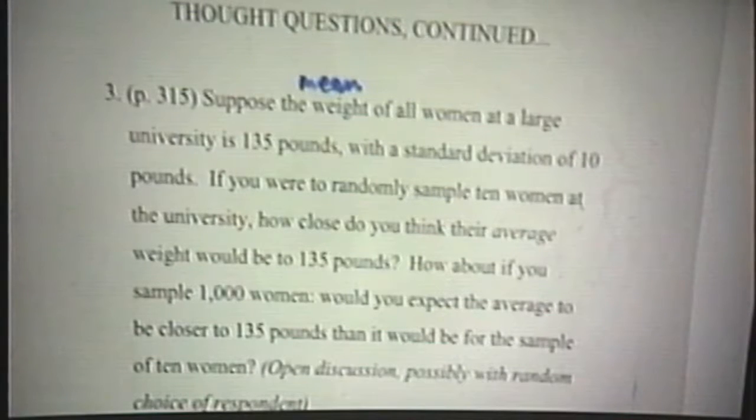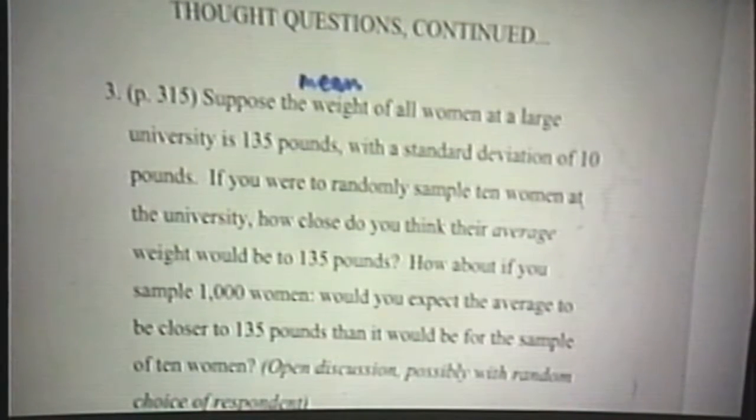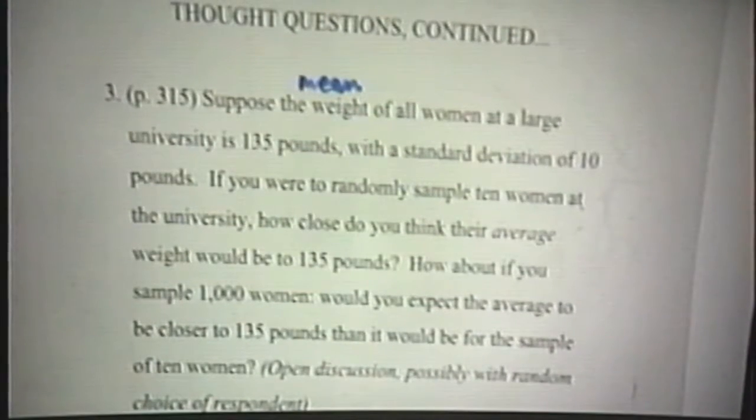If you were to randomly sample 10 women at the university, how close do you think their average weight would be to 135 pounds? How about if you sampled 1,000 women? Would you expect the average to be closer to 135 pounds than it would be for the sample of 10 women? So this is when we first get into this idea of the sampling distribution of the mean. So, open discussion. Who wants to venture a response to this one?